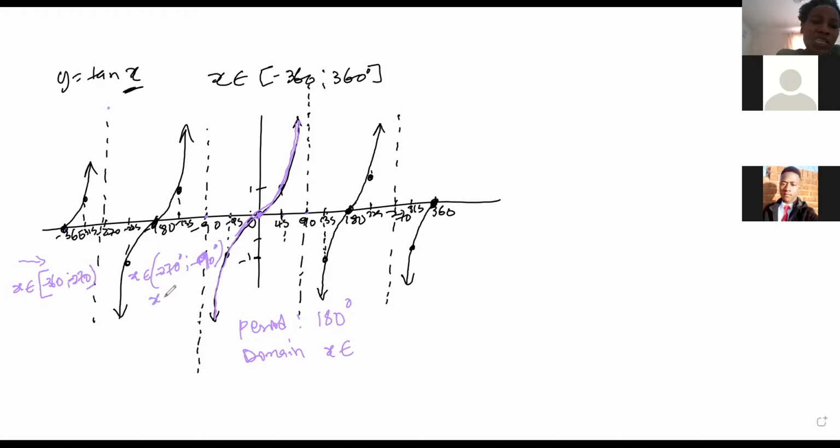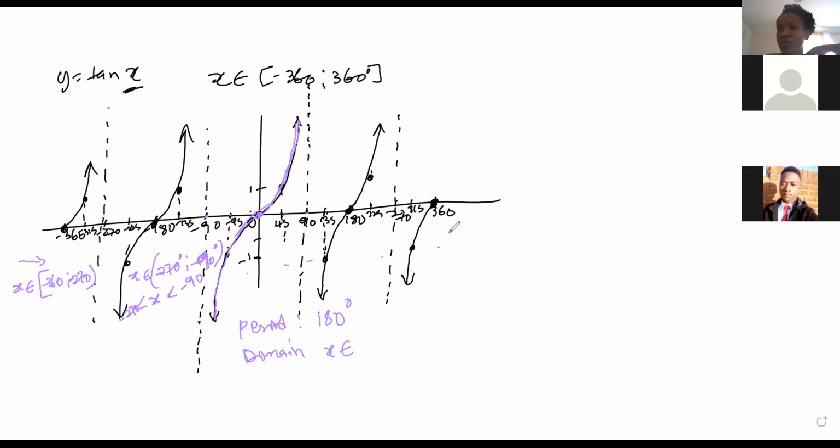And this you can also write as x is less than -90 and greater than -270. Remember, if the value was included, you were going to have less or equal and greater or equal. But because those values are not included, that's why we don't put the equal sign there. So then you just continue like that.